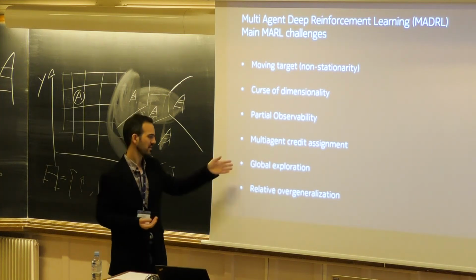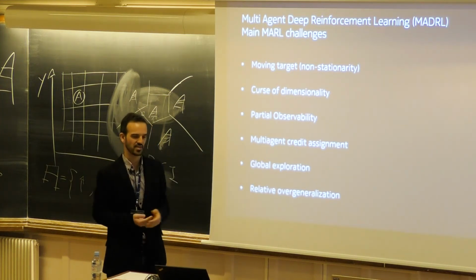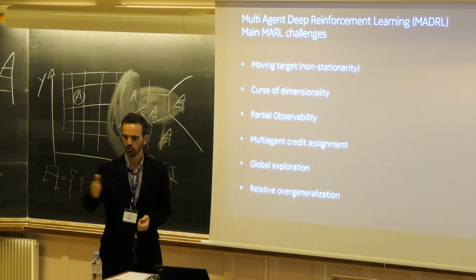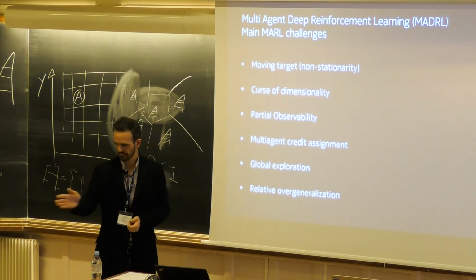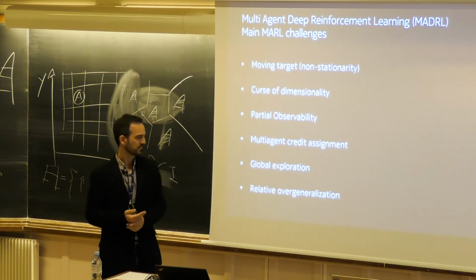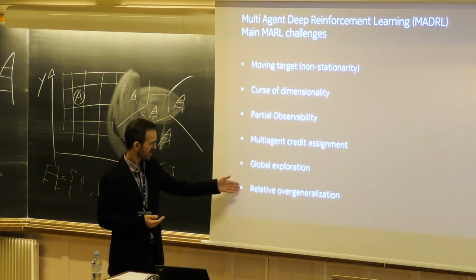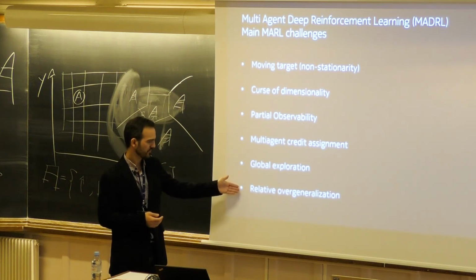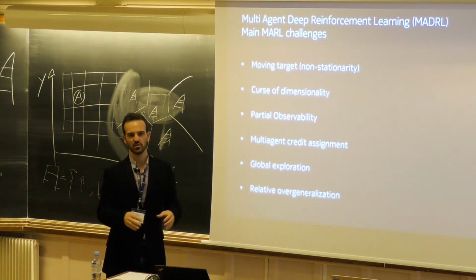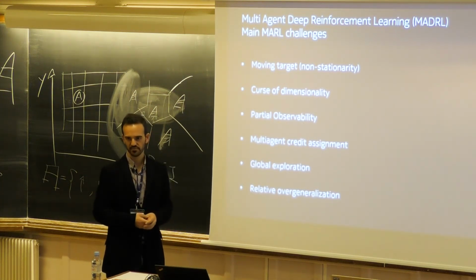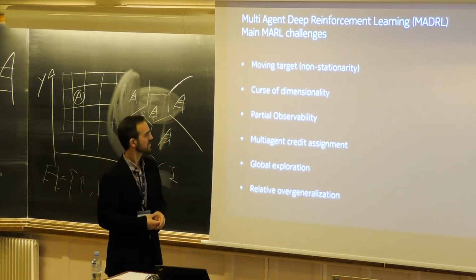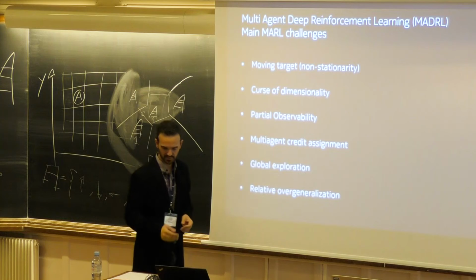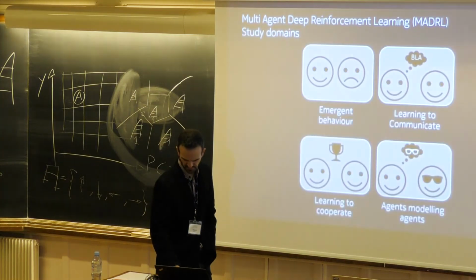The way most papers I have seen solve this is by introducing exploration schedules, which means that they prohibit all agents from exploring at the same time. And then finally, you have relative overgeneralization, which basically means that multiple agents may get stuck in local optima rather than reaching for the high peaks. So these are sort of the main challenges that you will encounter in multi-agent reinforcement learning.